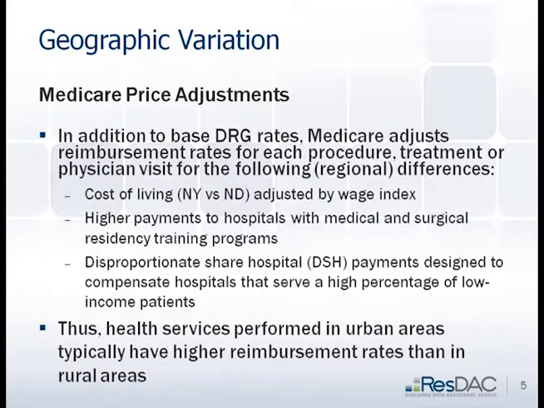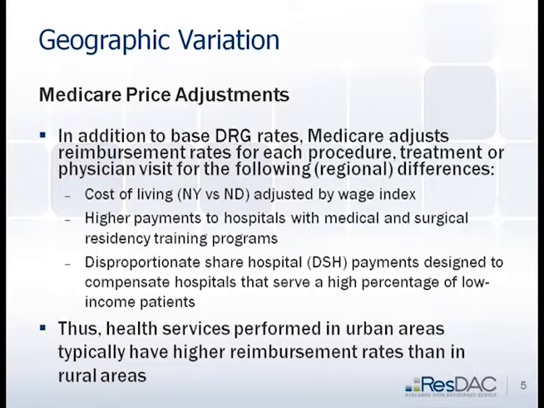Okay, so we talked about, in addition to those base DRG rates, Medicare adjusts the reimbursement levels by cost of living. New York versus North Dakota, there's my example, adjusted by the wage index, and you can get those wage indices from the BLS, Bureau of Labor Statistics. They send higher payments to hospitals with residency training programs, so medical education, IME.